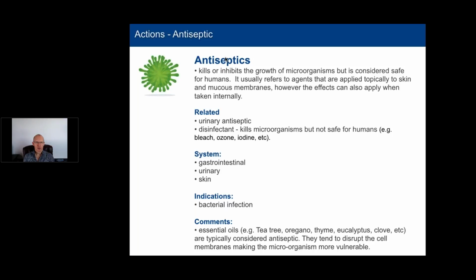One of the reasons for this is that antiseptics are different than antibiotics. Antibiotics typically have a precise mechanism of action where they target a certain enzyme or protein or transporter to have their effect. An antiseptic is less precise.